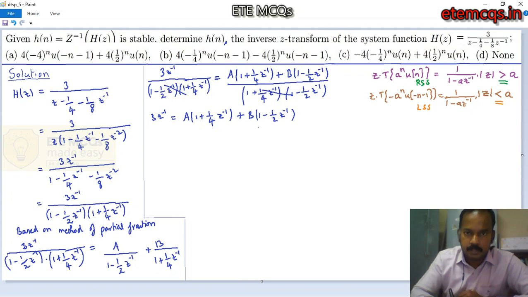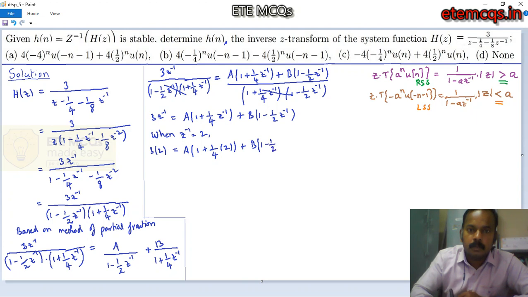Now when I substitute z inverse is equal to 2, I will be able to find a. So when z inverse is equal to 2, what do you get? You get 3 into 2 is equal to a into 1 plus 1 by 4 into 2 plus b into 1 minus 1 by 2 into 2.